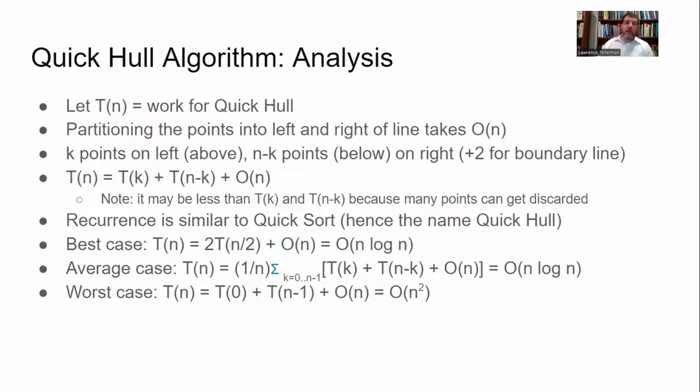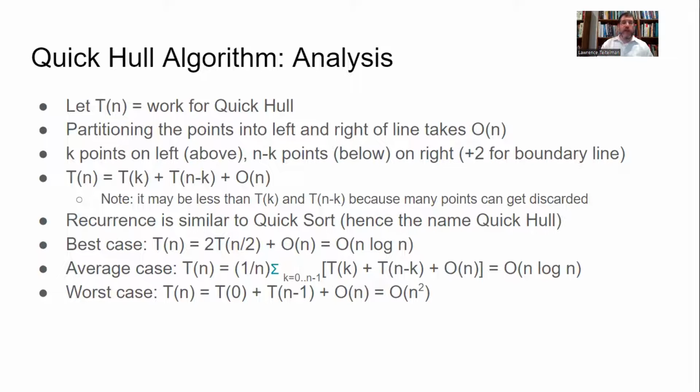When we do the recursion, some are on the left and some are on the right, but some get ignored. The ones in orange, the ones marked orange, we don't use them. So they're not in the T of k or the T of n minus k. So those numbers are upper bounds, if you like. You can think of it as really a less than or equals.